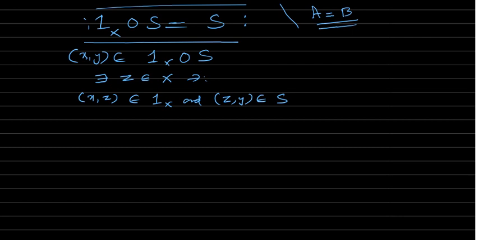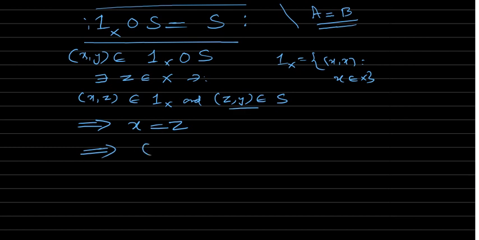Ix consists only of the diagonal pairs xx with x in X. So xz in Ix means x equals z. But then zy is in S, so z is x, so xy belongs to S. So the pair taken from the composition lies in S, which means the composition is a subset of S.